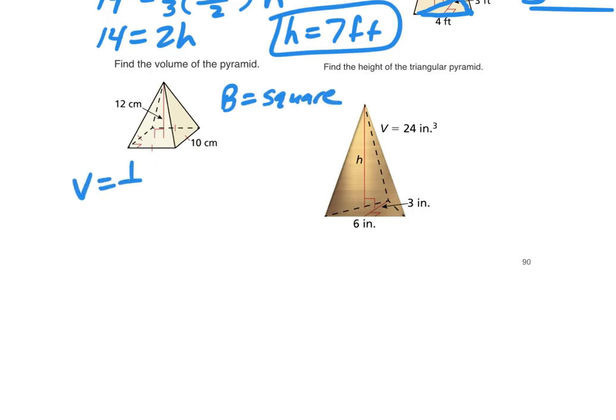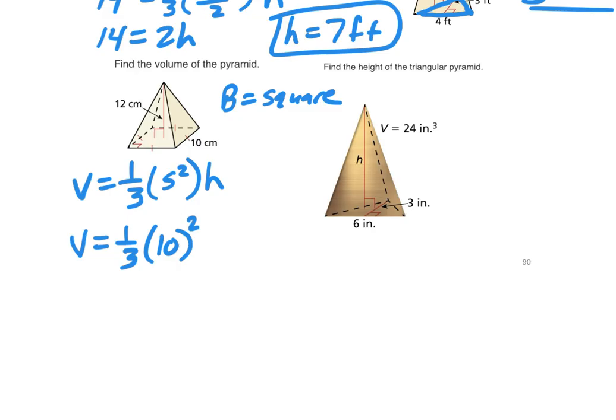Volume is 1/3 times s squared times h. I'm going to go ahead and put in s squared because it's a square, right? So I'm going to go ahead and put in s squared for big B. This one, we do not know the volume. That's what it's asking us to find. What is the volume? We know that each side is 10 centimeters long.